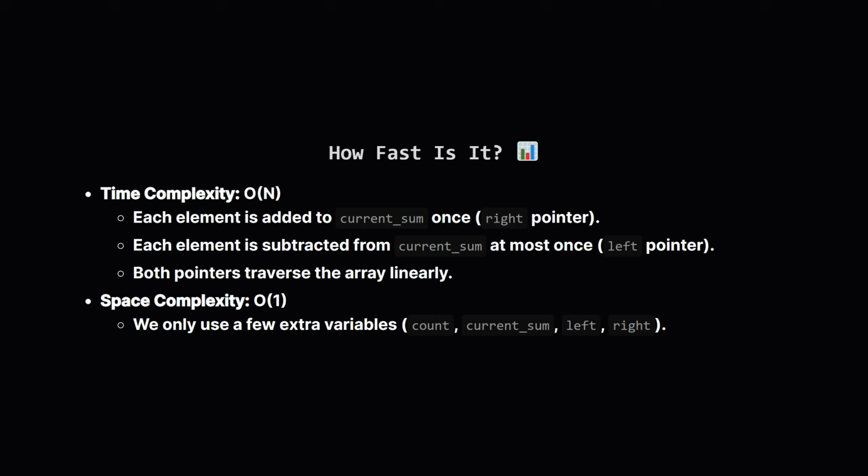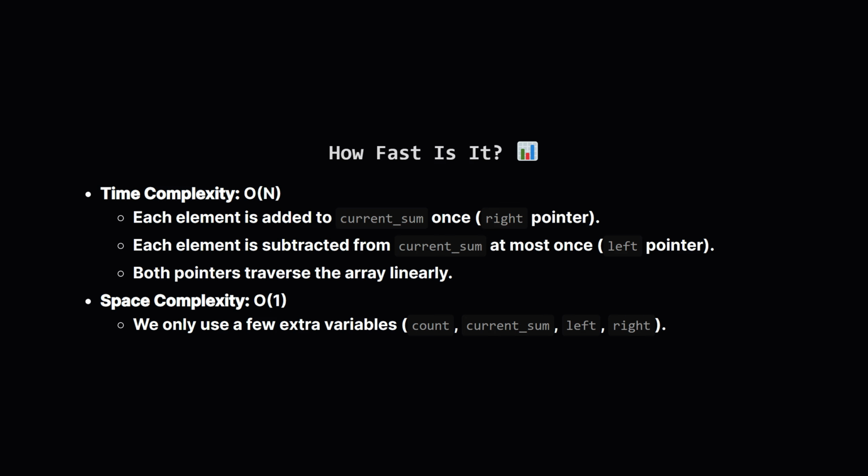So how efficient is this sliding window approach? Let's look at the time it takes. The right pointer goes through each element of the array exactly once. The left pointer also starts at the beginning and only moves forward, never going past right. In total, each element is added to the sum once and subtracted from the sum at most once.